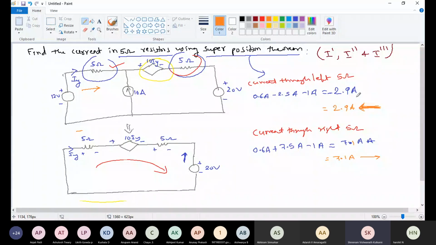It is not necessary to mark this one, but at least current through resistors up to this is fine, 2.9 ampere and 7.1 ampere. Okay, superposition theorem states that whatever the source acting alone, their effect has to be added to find the current through that resistor or across that resistor. Understand?